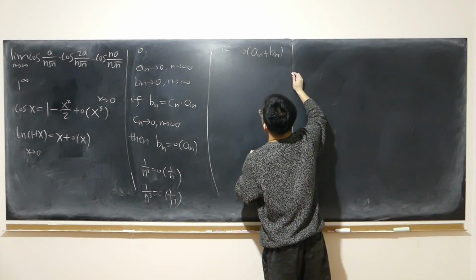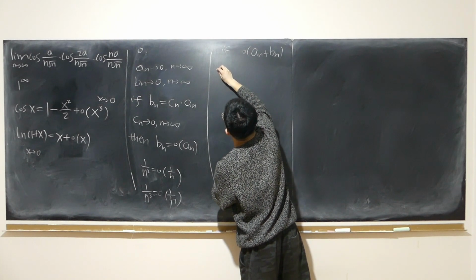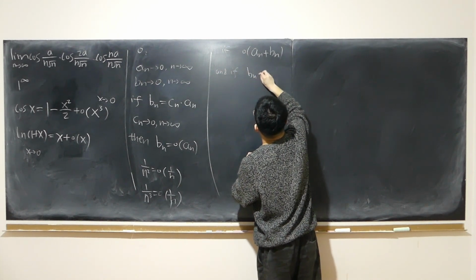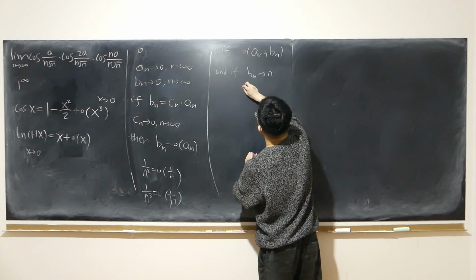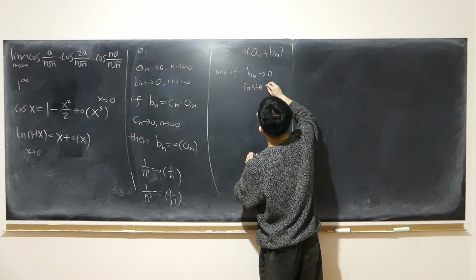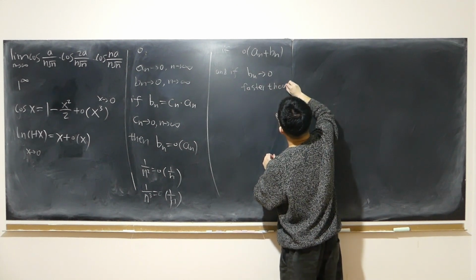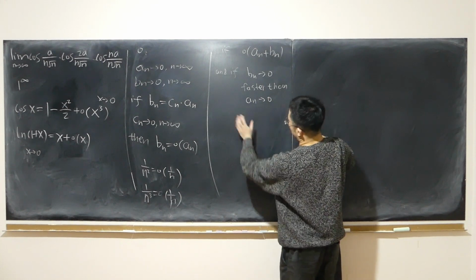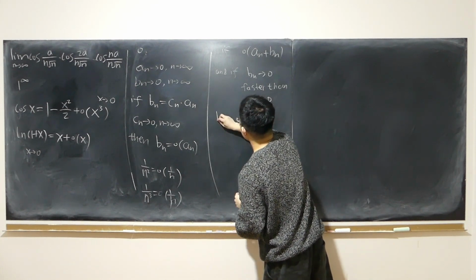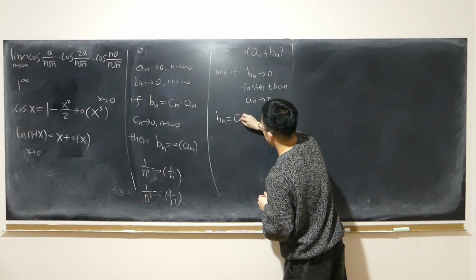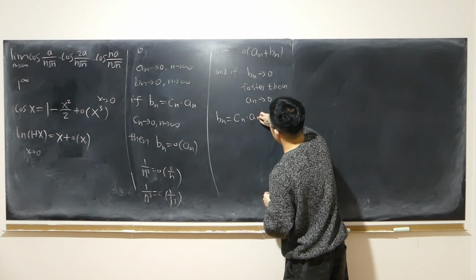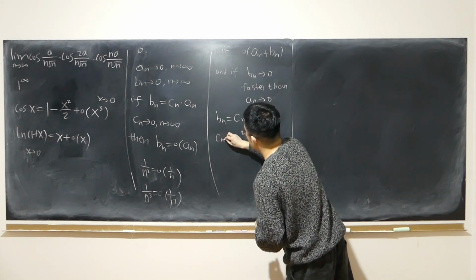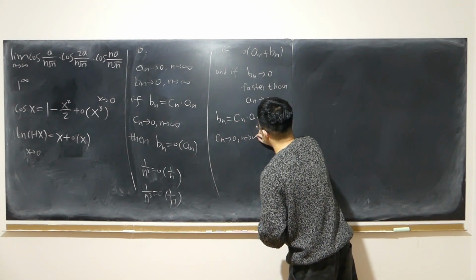And if bn approaches 0 faster than an, in other words, if bn can be written as cn times an, little o of an, with cn approaching 0, that's what it means.